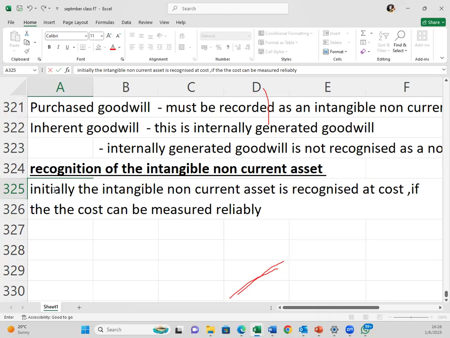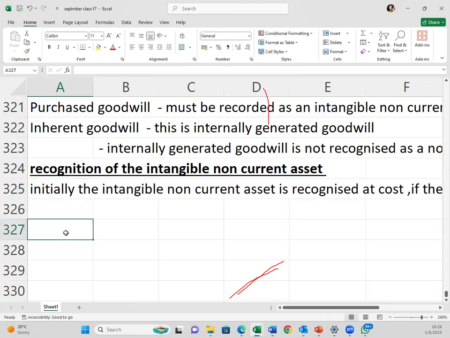We need to be able to determine what was the cost of this intangible non-current asset. If it was a license, what did you pay to receive this license? Are you able to measure the cost with certainty? If we can tell the cost, then that's what we use for initial measurement.